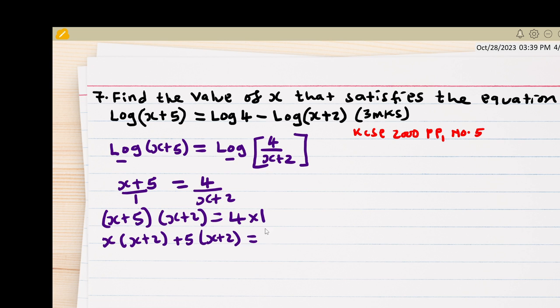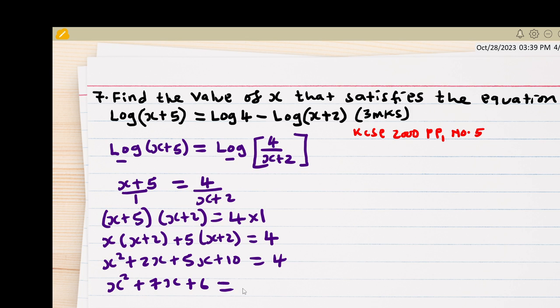So this will be x squared, plus 2x, plus 5x, plus 10 should give me 4. So this will be x squared plus 7x, then 10 minus 4, I'll get positive 6, equal to 0. Then I solve for the values of x.